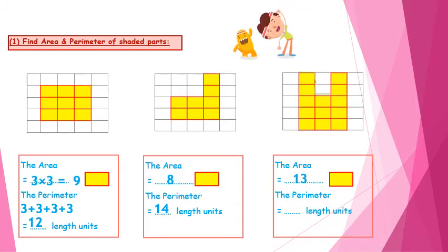So as we can see, that's 5, 6, 7, 8, 9, 10, 11, 12, 13, 14, 15, 16, 17, 18, 19, 20. So the perimeter here is 20 length units.